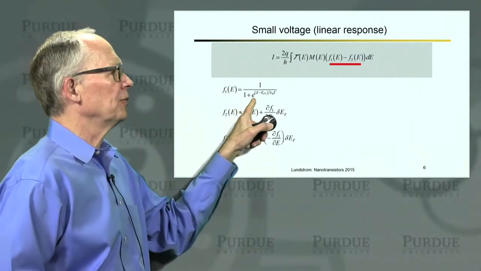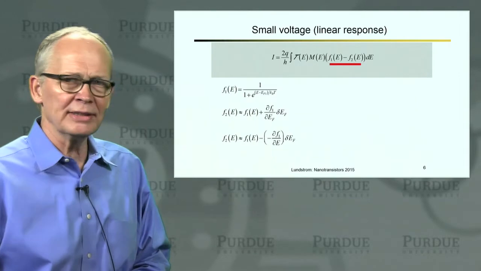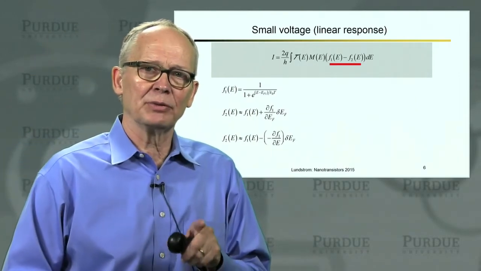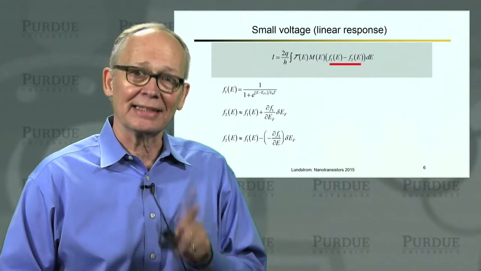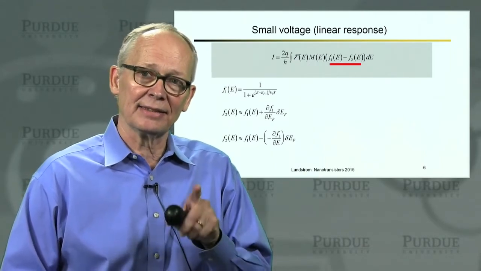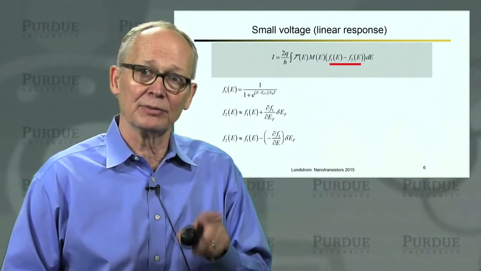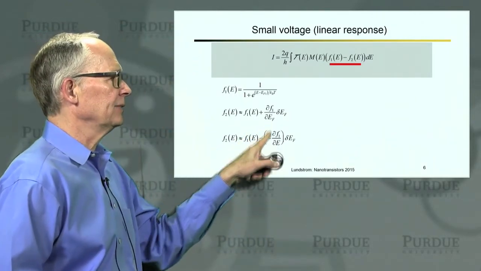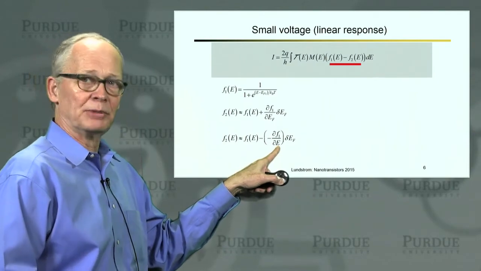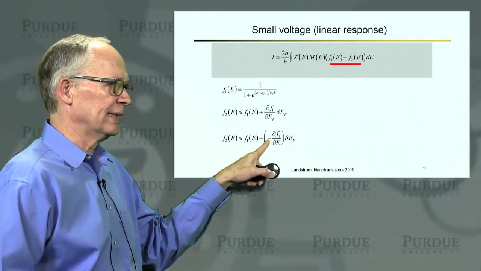Now if you look at this Fermi function, you can see that if I take a derivative with respect to the Fermi energy, I get the same answer except for the sign as if I take a derivative with respect to the energy. So the derivative with respect to EF is the same as a derivative with respect to E, except for the minus sign.